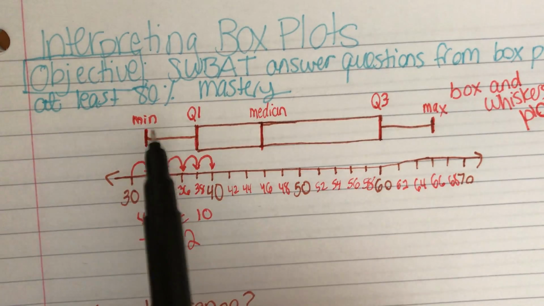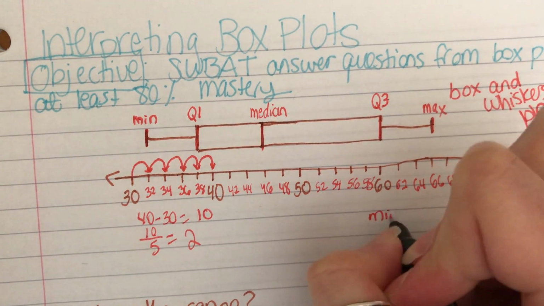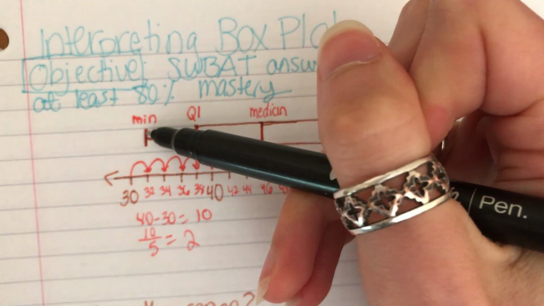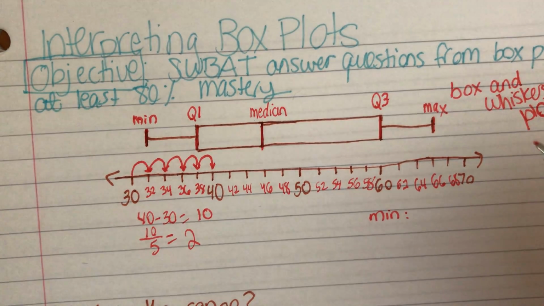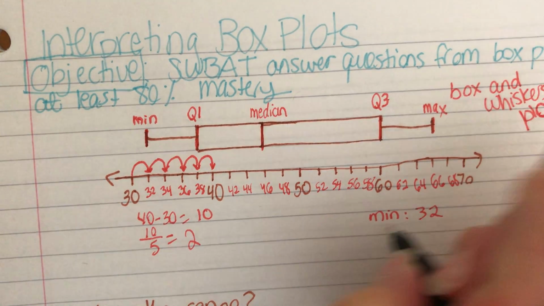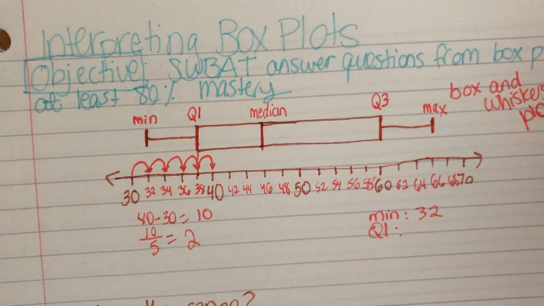If you wanted to really quick label what the values are of each of these 5 words, let's do that. The minimum line lines up with the 32. That's why I went ahead and labeled all of the numbers on my number line. So the min would just be 32. Q1 lines up with 38.